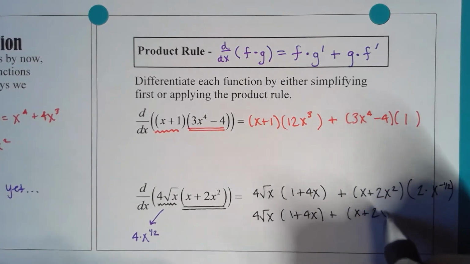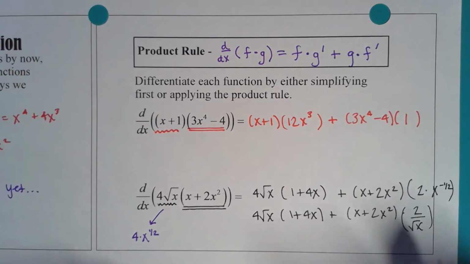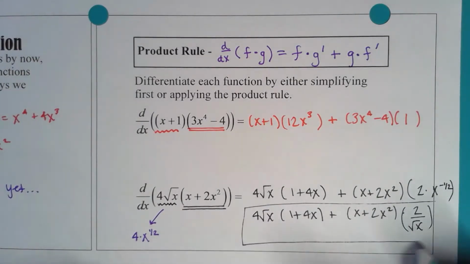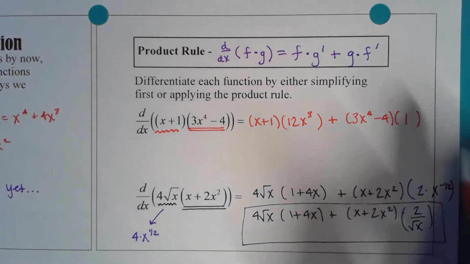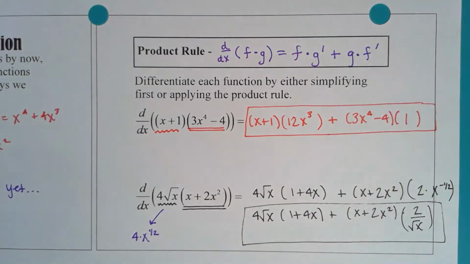Plus x plus 2x squared, and then we'll call that 2 over radical x. To me, that step is not necessary at this point, because all I'm asking you to do is to practice taking derivatives. When we start using derivatives, then you might want to clean it up first. Okay?